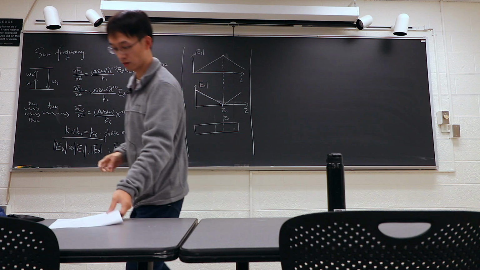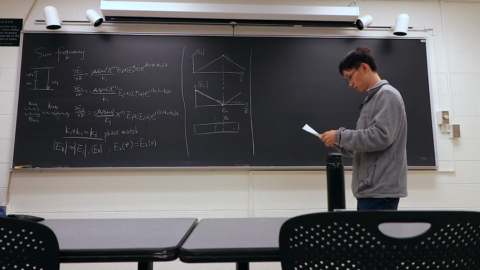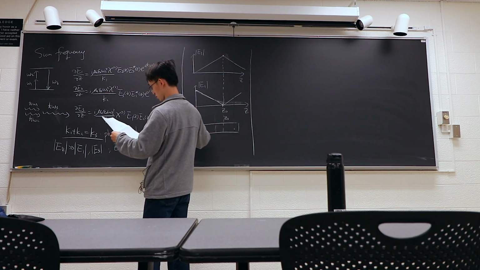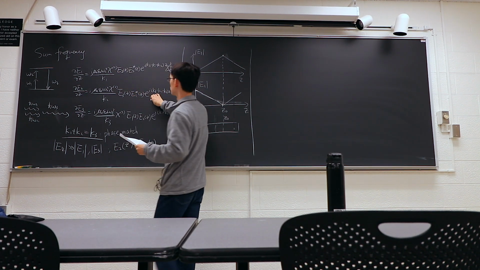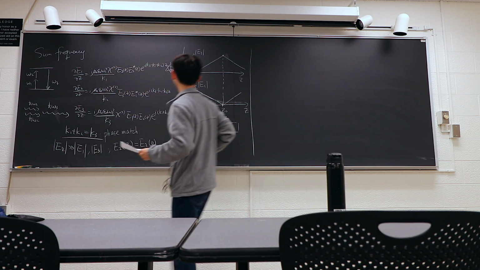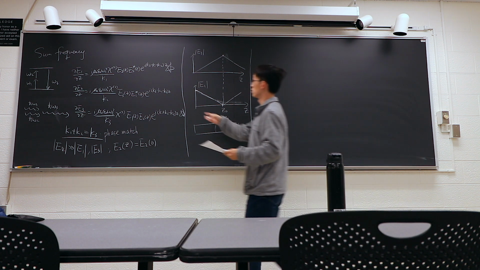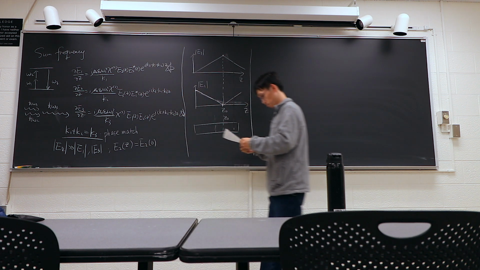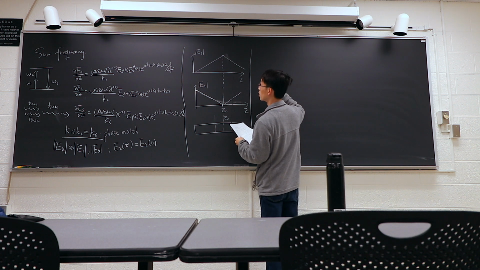Now let's look at it. So we only need to consider this one and this one. All right. Yeah, E2 is much larger. And we also say phase matching condition, so this one is 0. Now let's do this.